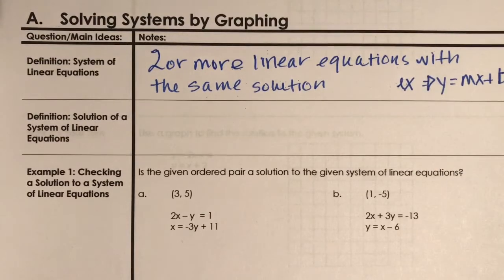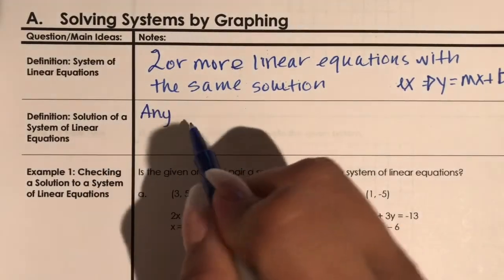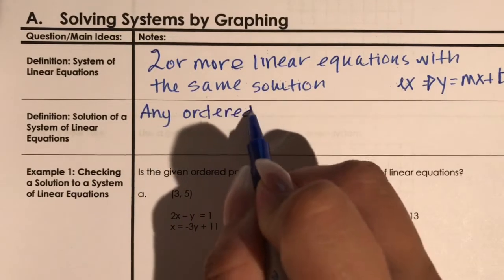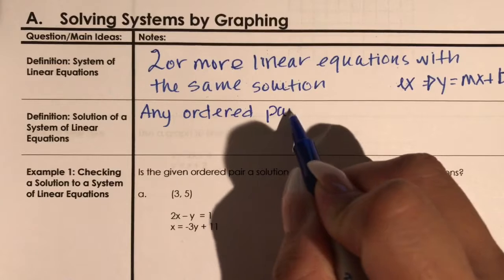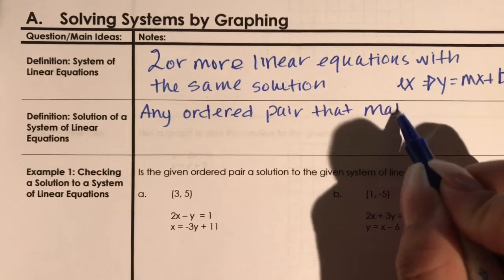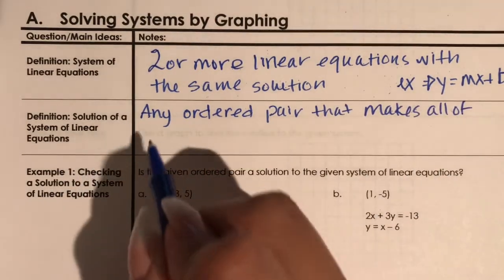And so you have now the solution of a system of linear equations, which is any ordered pair that makes all of the equations in a system true.